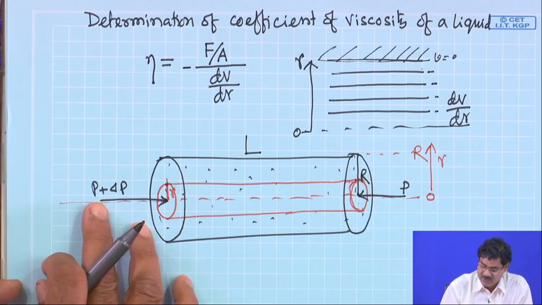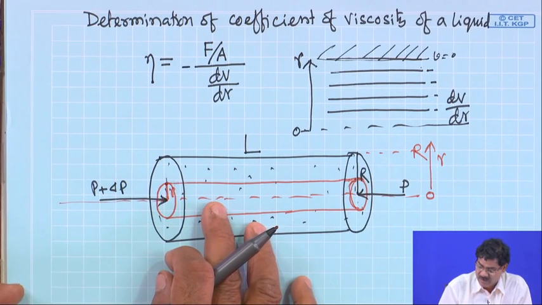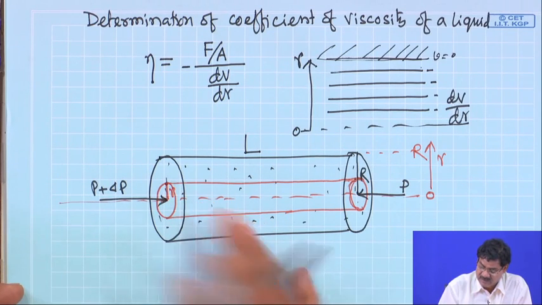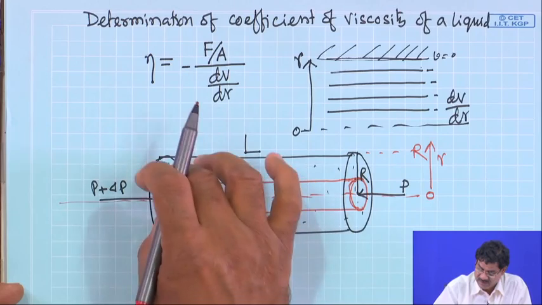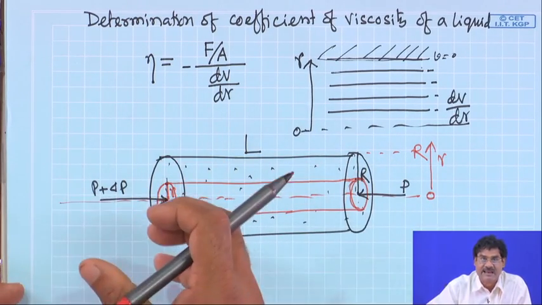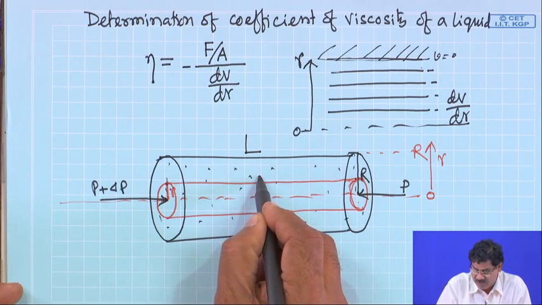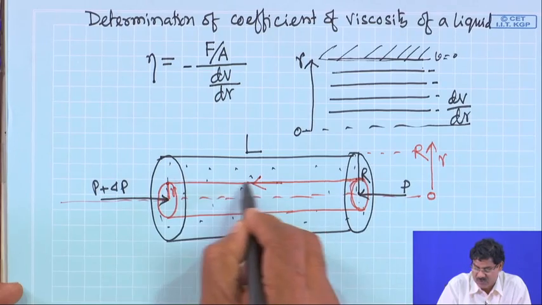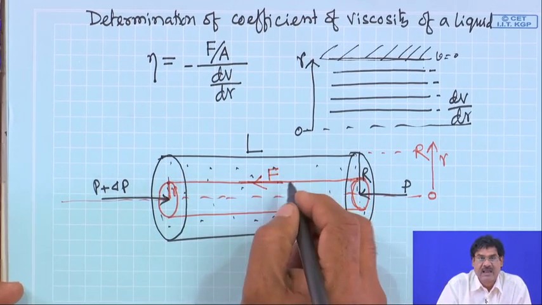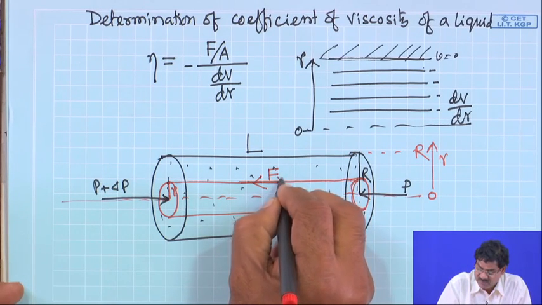Okay. Now, due to this pressure difference, there will be... when liquid moves, this layer is basically a cylindrical layer. So, when it is moving, there will be a viscous force in the opposite direction. We are writing that force as F viscous.